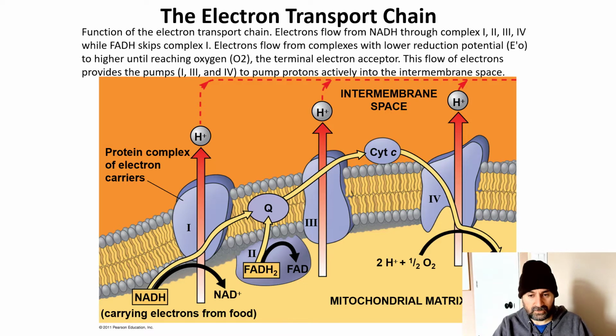What I want you to know is that for stage 3, the oxidative phosphorylation, you're using your NADH, so the reactants are NADH, and you're using FADH2, and what are you producing here? Oh, and you're also using oxygen. Sorry, you're also using oxygen.